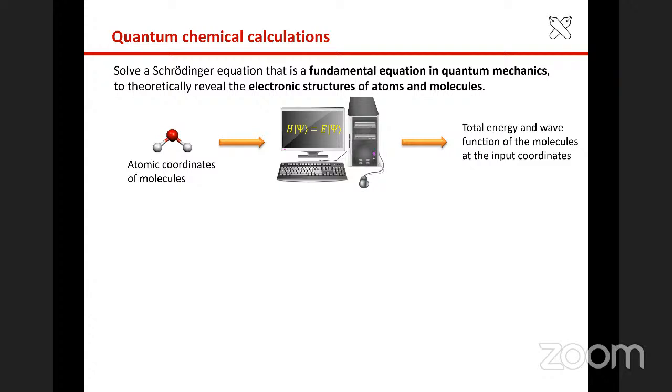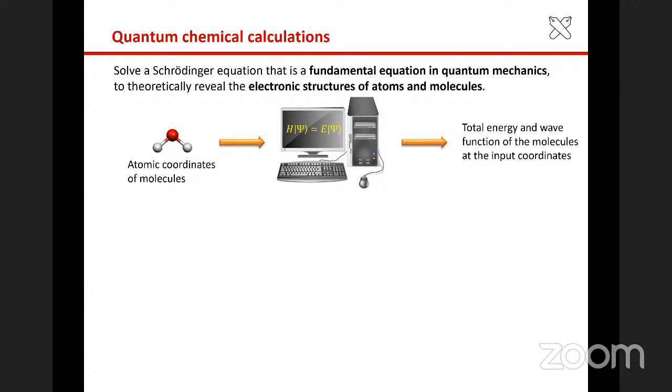So in this case, we can calculate the energy and wave function of the molecule using the atomic coordinates of the molecule as an input. Of course, calculating this Schrodinger equation is very difficult.